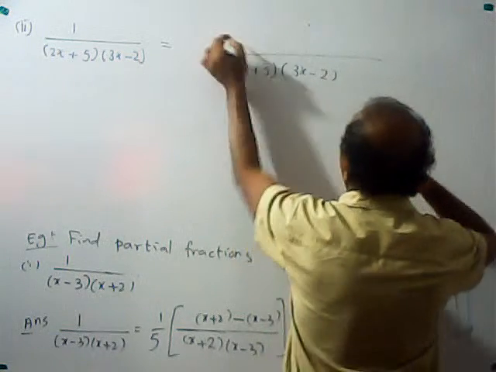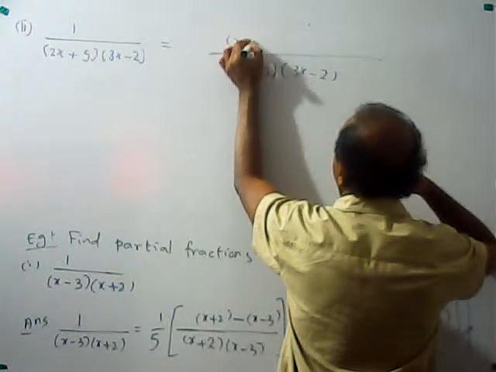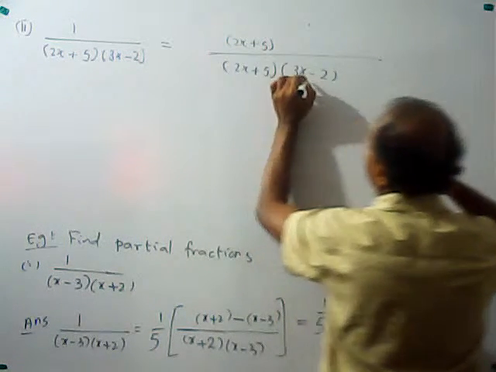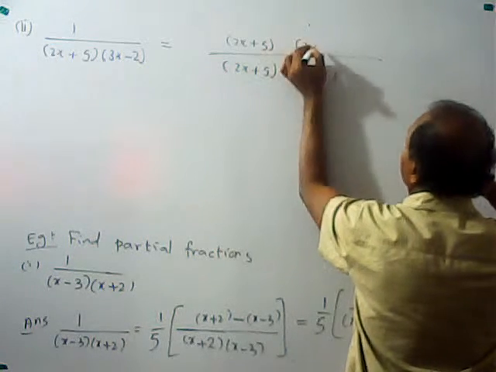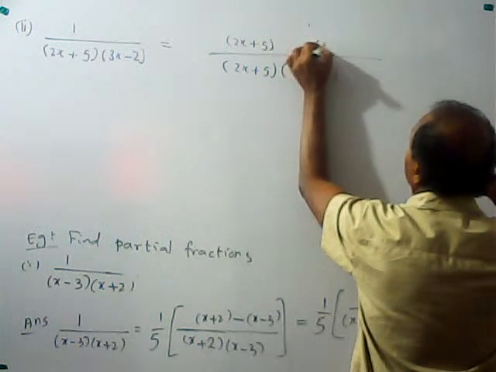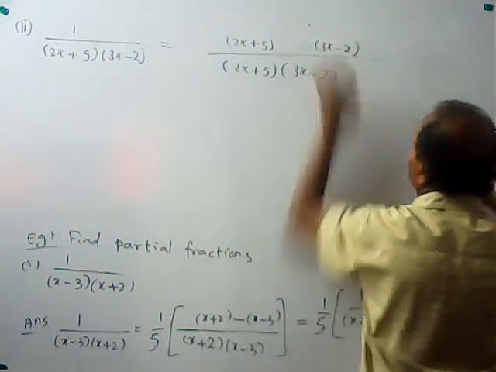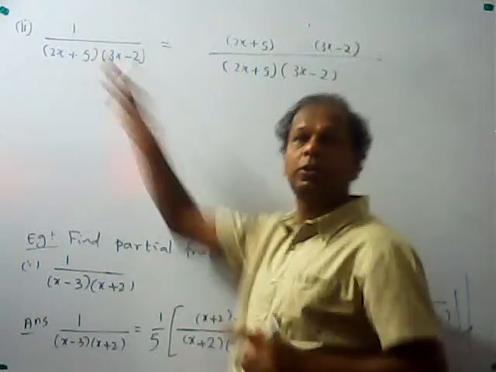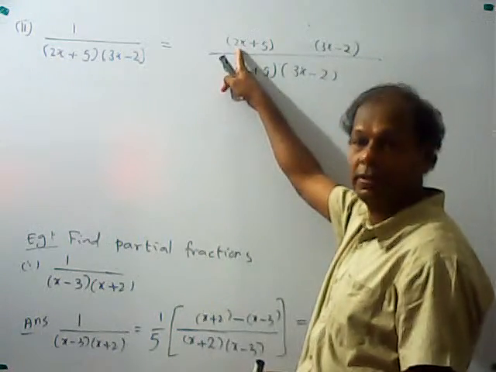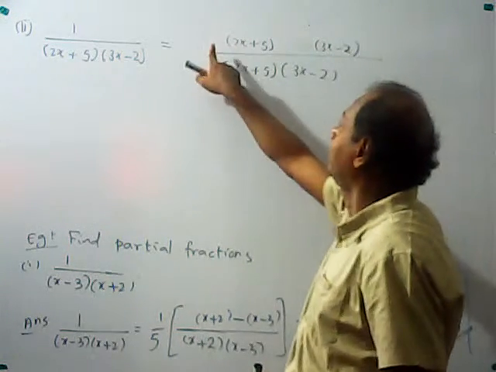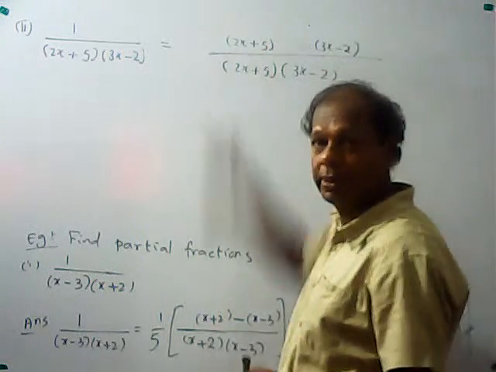You like the same pair on top? Now we have to make the numerators equal. First thing is to get rid of x. To get rid of x, I'll multiply this by 3, this by 2, then subtract.